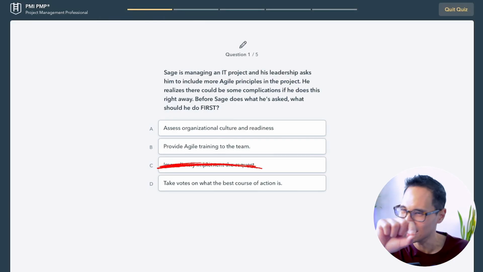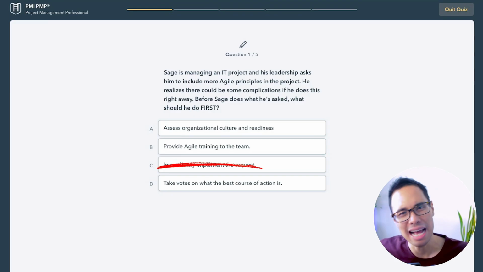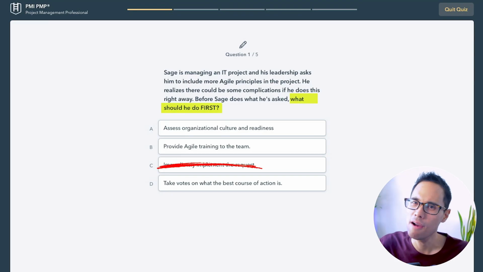This is a tough one, but with our strategy, ask yourself this one question. Which answer shows that you're acting like a strategic, proactive leader? A leader who is strategic would not immediately implement an action or a request, right? So choice C should be eliminated. The question is asking us, what should he do first.